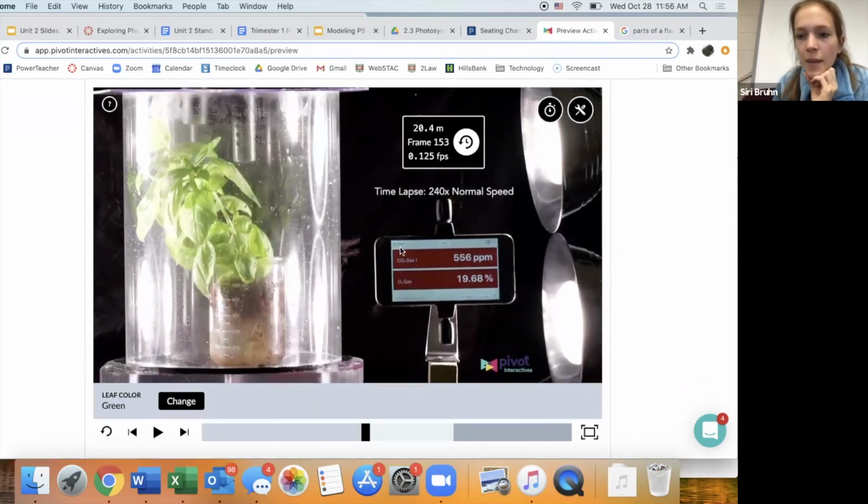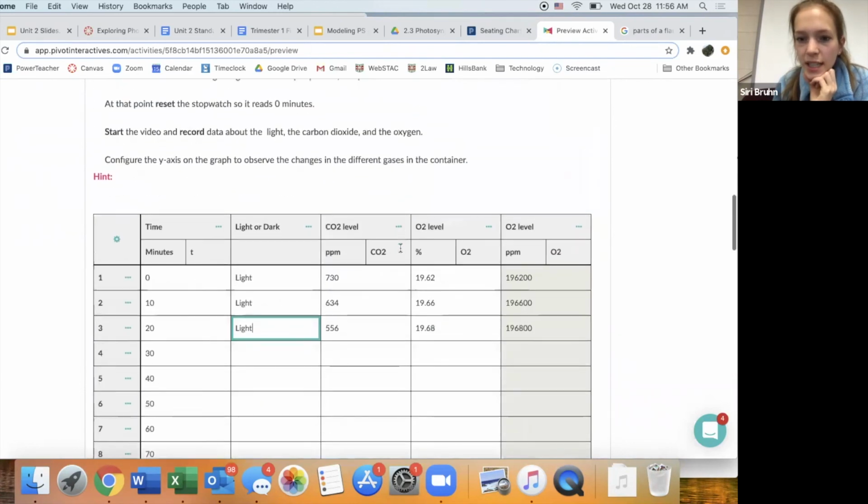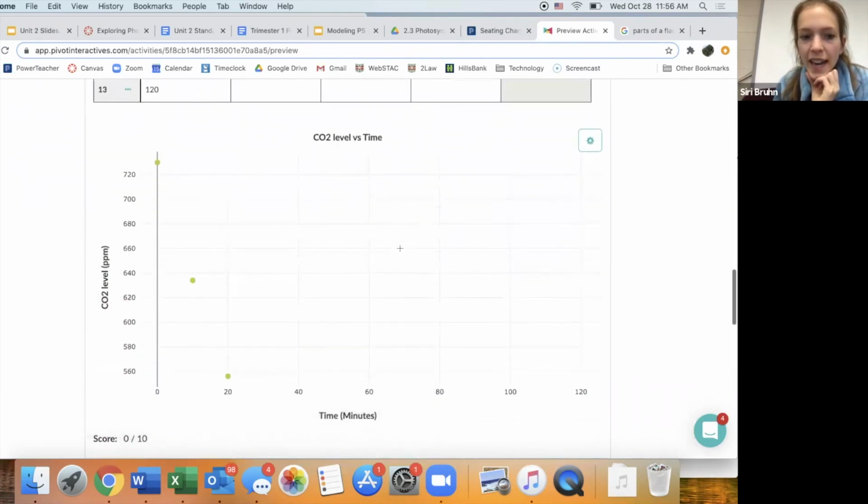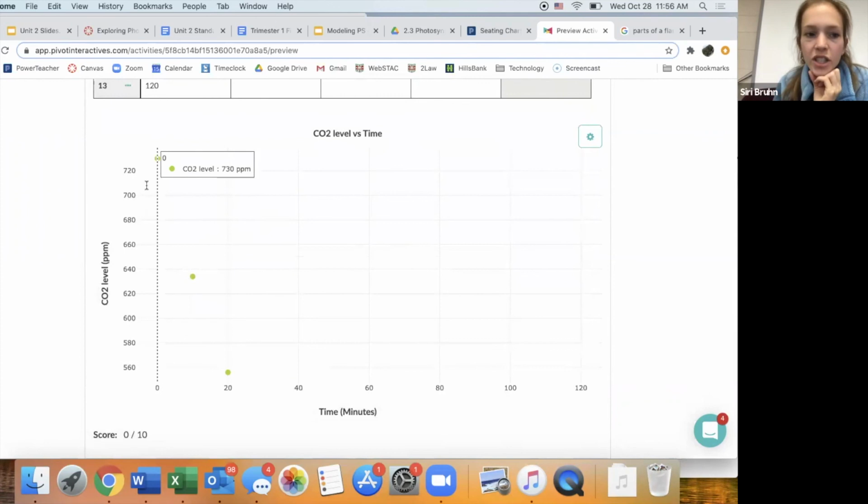So the last thing I want to mention is that you're going to look at a graph eventually in order to analyze your data. And I already made your graph too. So as soon as you put data in, notice that my 3 data points, they're already in here. So all you have to do is collect the data in the table and the graph is going to make itself. But you're going to want to look at both oxygen and carbon dioxide changing over time.